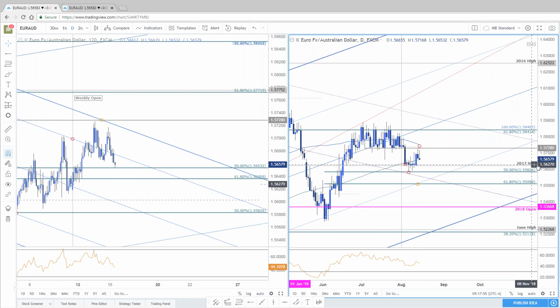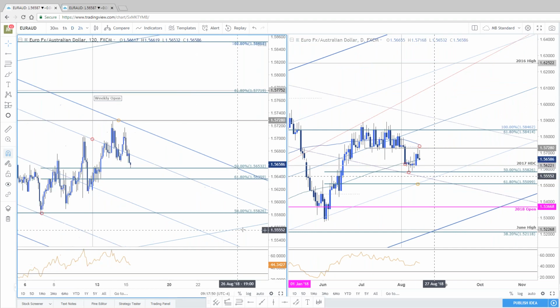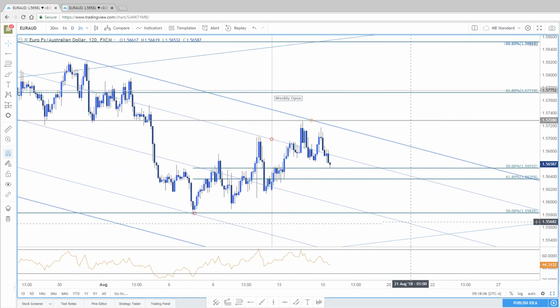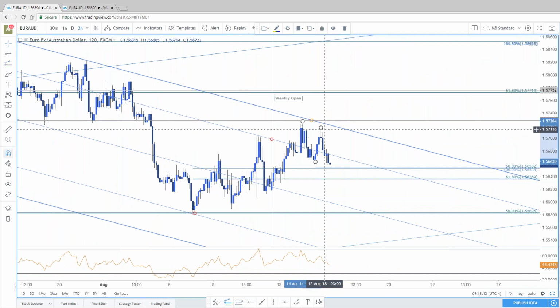Oh, right above 56.22. Any way you slice it, the 61.8 is right there anyway. Yeah, the 50 converges right on the 100% extension of this near-term decline off the weekly highs, 156.53. Spot on. We're testing that as support right now.